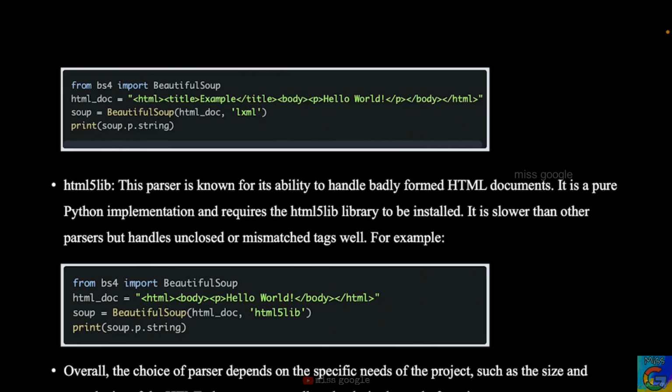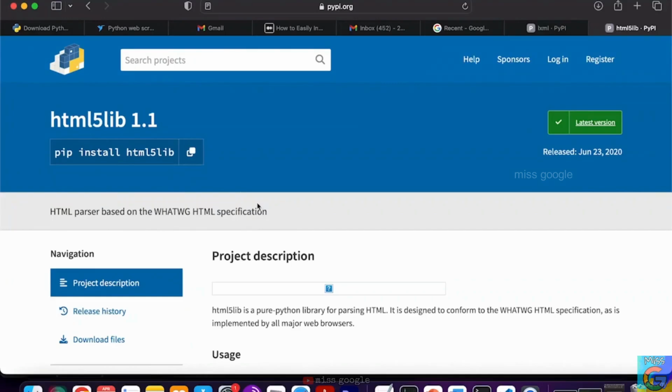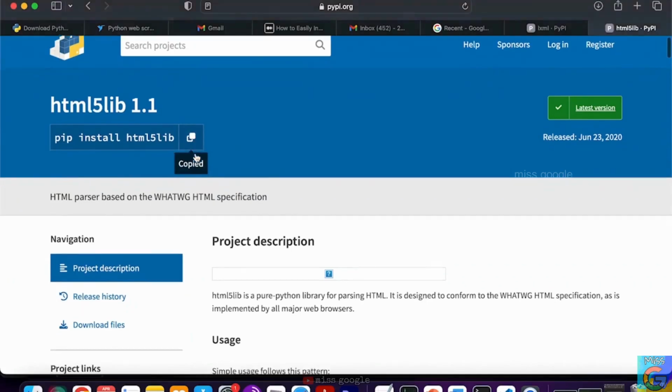So the next parser is html5lib, and this is a pure Python implementation and requires that the html5lib library be installed, which we'll be doing in a few. The good thing about it is that it can parse broken HTML or unclosed or mismatched elements.